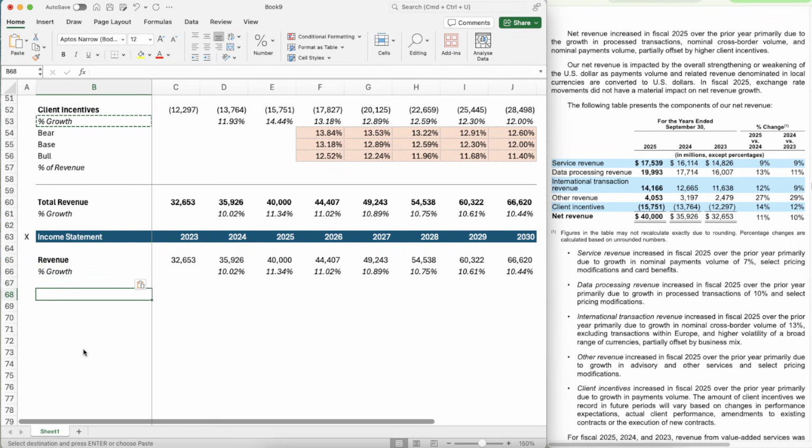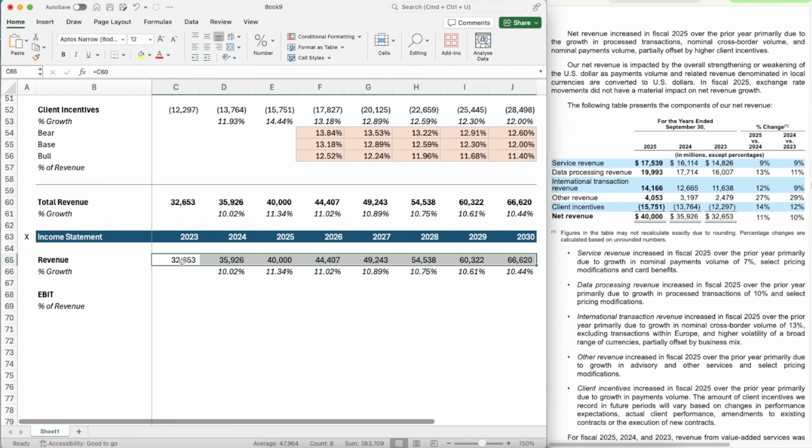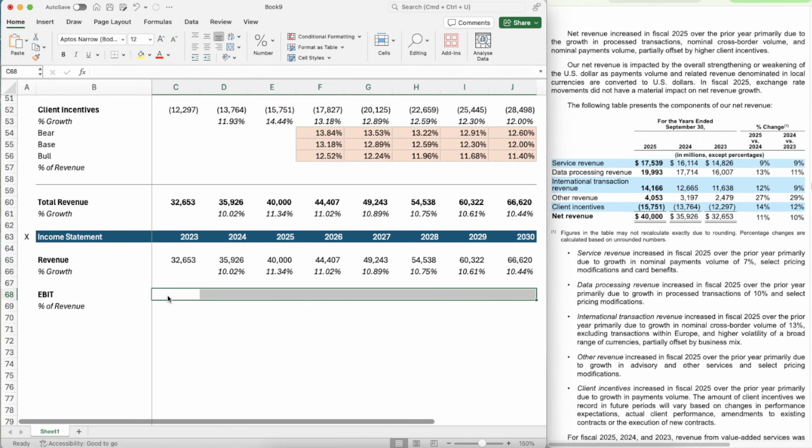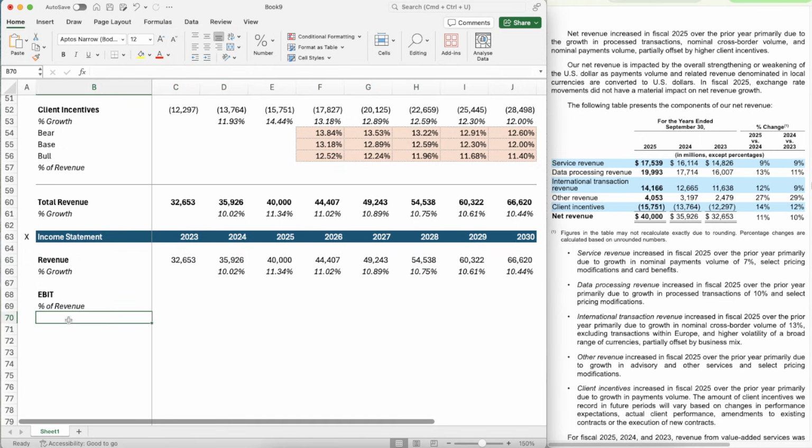Then the next one is EBIT. We want to know what this is as a percentage of revenue. Copy your format. Below EBIT, we want to know what these are as a percentage of EBIT.